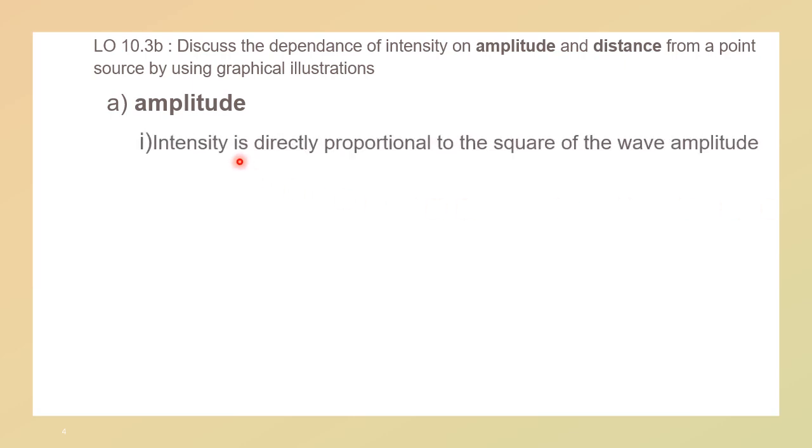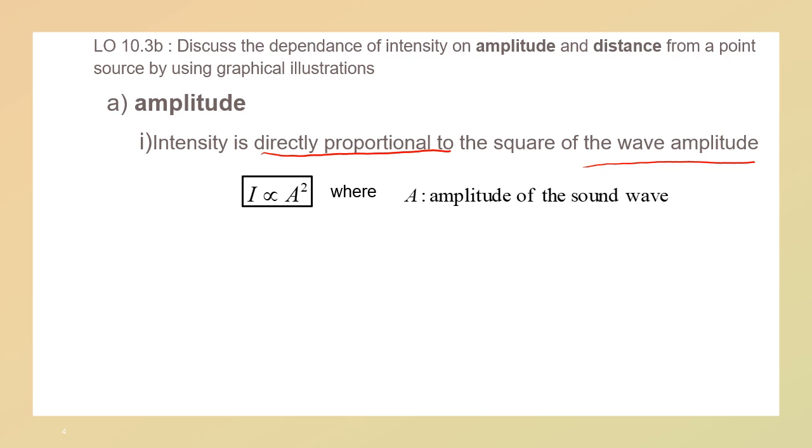Intensity is directly proportional to the square of the wave amplitude. I is directly proportional to A squared, where A is amplitude of the sound wave.